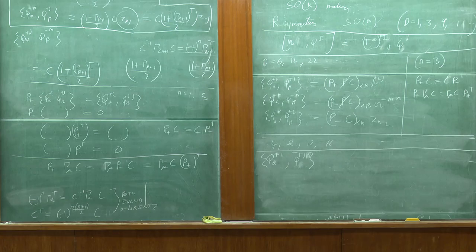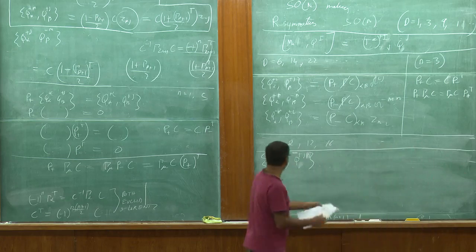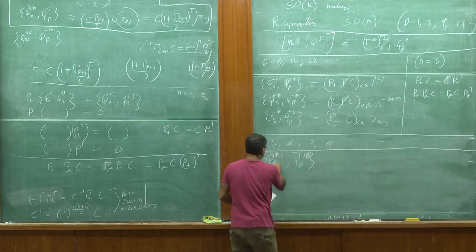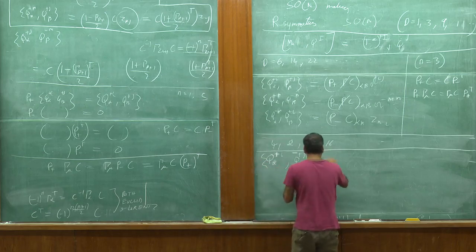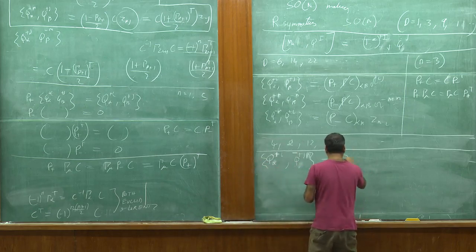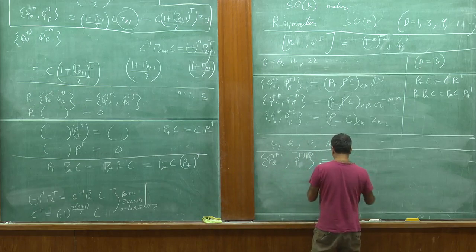This becomes a spinor with index up rather than down. C is to lower the up index. I'm not doing that. So I want to give you the commutation relations between Q plus I alpha and Q bar plus J beta. So this is P plus, P slash.